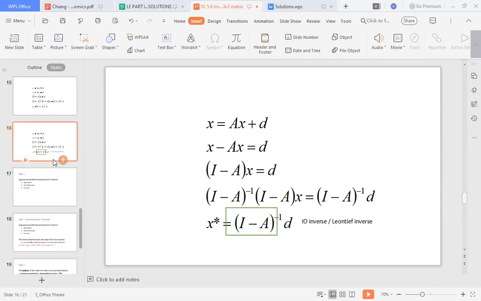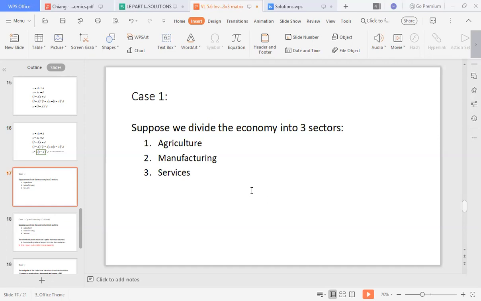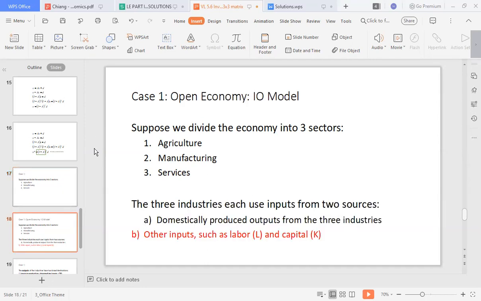Okay, if there's no question, I'll proceed to the first example. Let's be specific on what we're trying to solve here. We'll start with how many industries we are trying to interlink, or explain the interdependency of. In that case, we have divided the economy into three sectors: agriculture, manufacturing and services. The three industries will each use inputs from two sources.